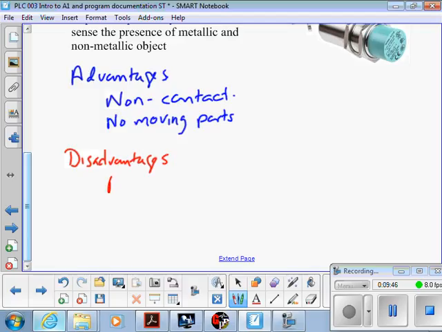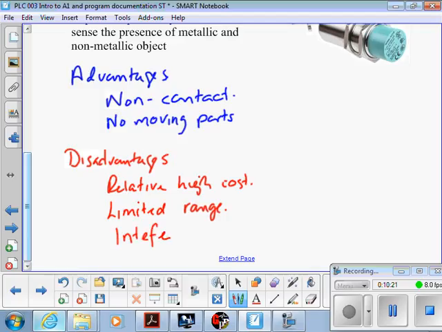Cost. Because it's not necessarily just the disadvantages against mechanical, but disadvantages against other electronic methods. Limited range. And then there might be others.